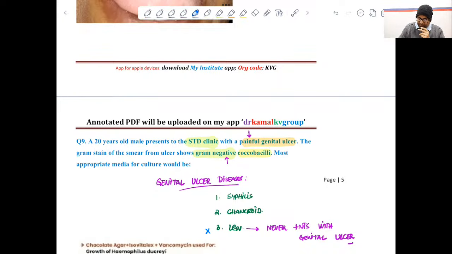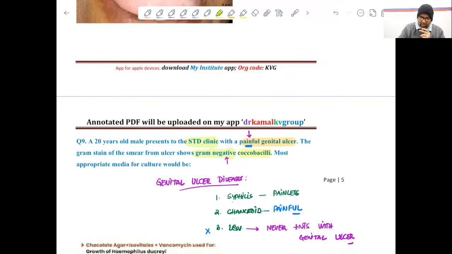Syphilis presents with genital ulcer, chancroid presents with genital ulcer. The classical difference is syphilis is painless and chancroid is painful. So just getting this particular word, painful genital ulcer, the answer has to be chancroid.